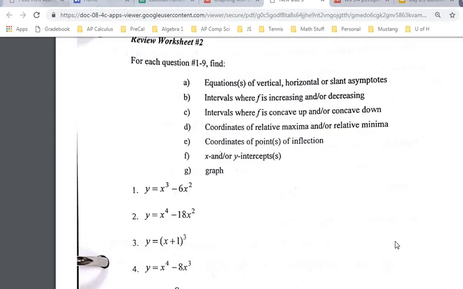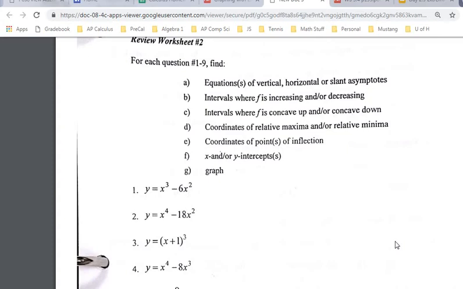So F prime is going to be 4x cubed minus 36x. Is that correct? So that equals 0. And you take out a 4x out of that, leaving behind x squared minus 9. Is that correct?